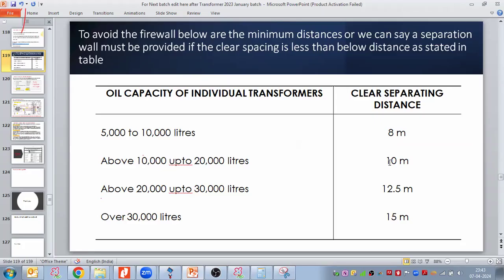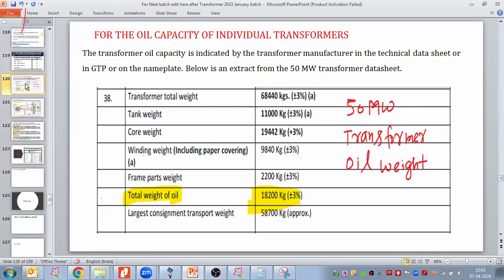Any other oil containing equipment should be out of that transformer damage zone. Okay.